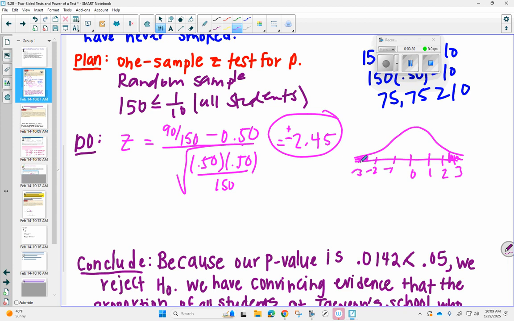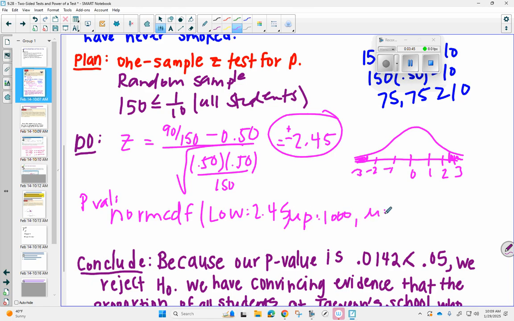Okay, so when I do my p-value, I'm going to do normalcdf, and I usually just do one side, so I'll do the upper tail, the 2.45, all right, up to a big number, mean of 0, standard deviation of 1, and then I have to do what? You have to double it, exactly. So it was 0.0071, but we need to multiply that by 2 to get the area under both sides, which is 0.014.